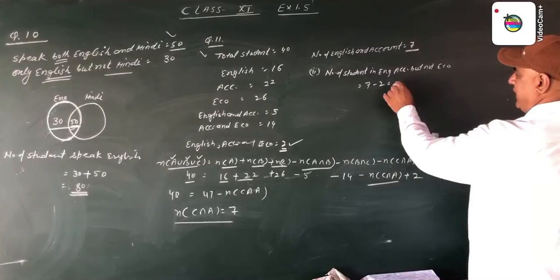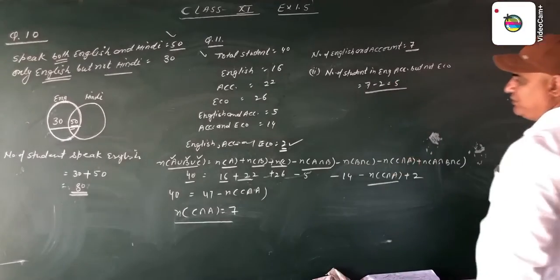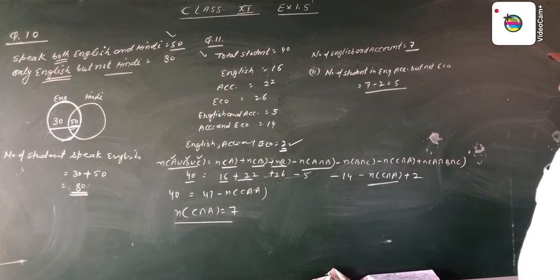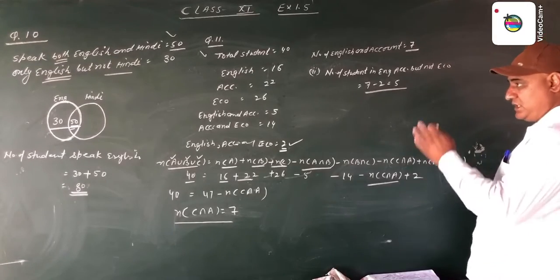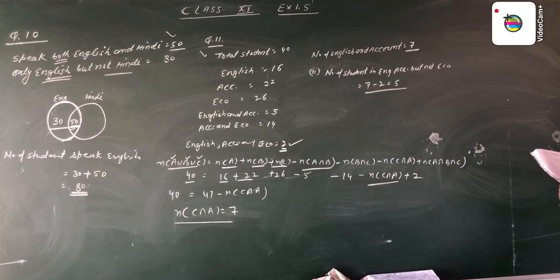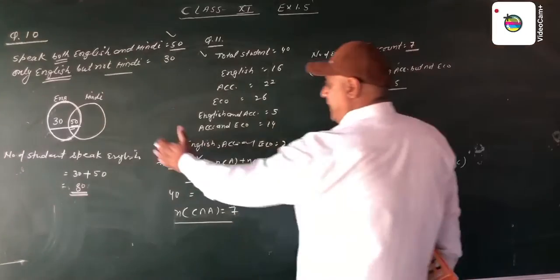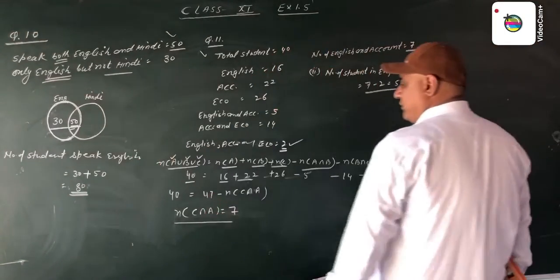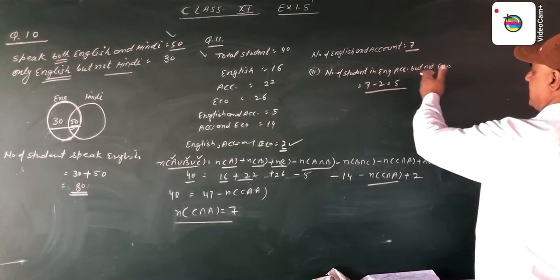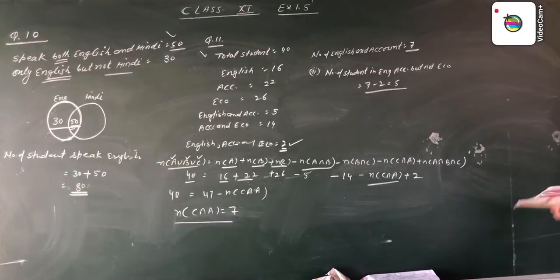Then we get 5. These are the 5 students which are common in this. Now we can solve these questions by Venn diagrams. This is the Venn diagram of 3 sets. We solve these questions by Venn diagram also like this and find the number of students in English and accountancy and also English and accountancy but not economics.